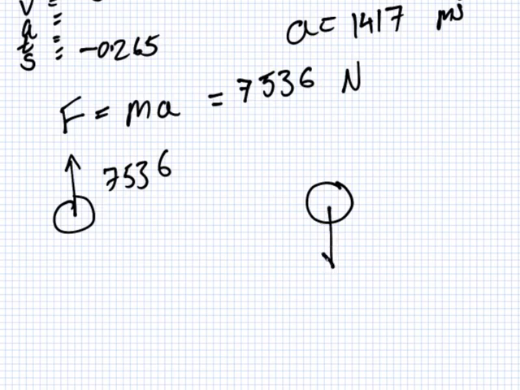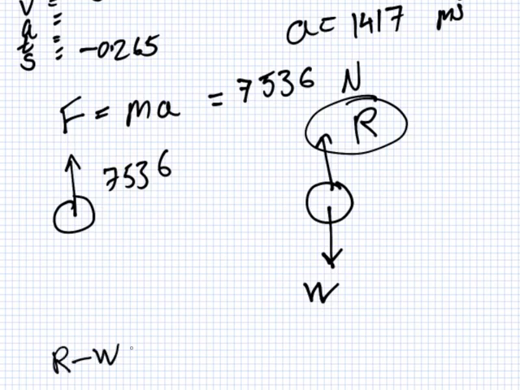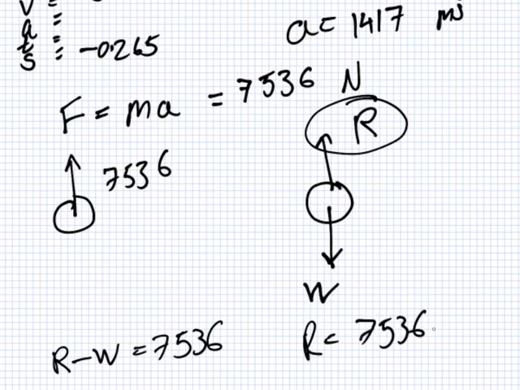One is the weight, and one going up, which is from the earth, or what they call the retarding force, which I'll just write as R. So really, if I want this, I need to say R minus W equals 7536. So R is 7536 plus W, which is mg.